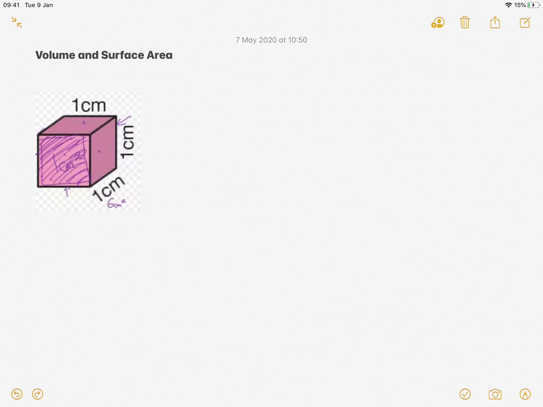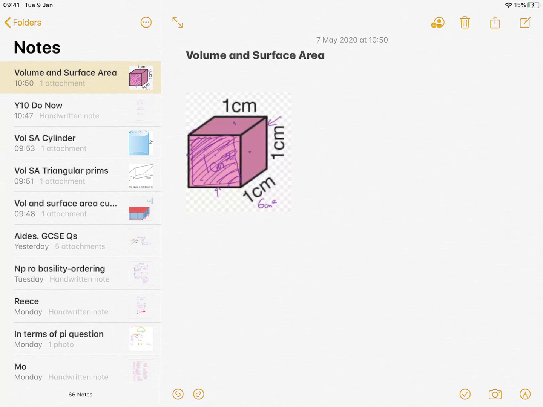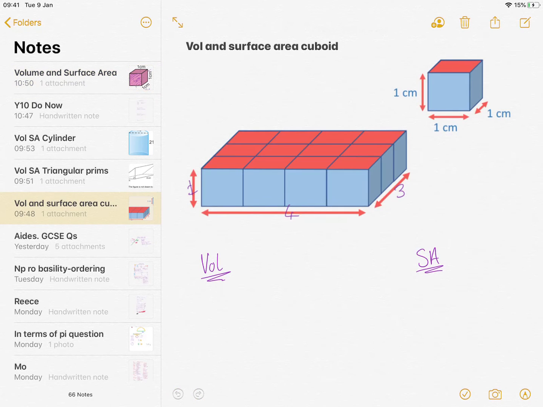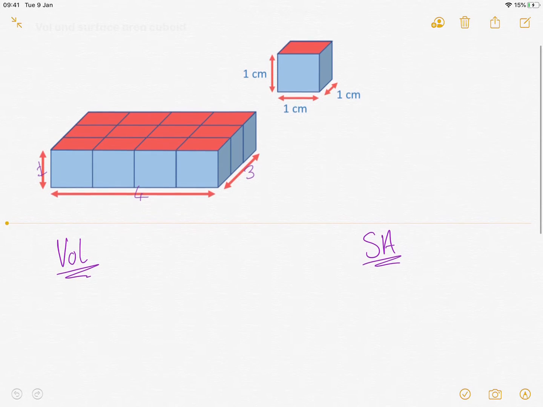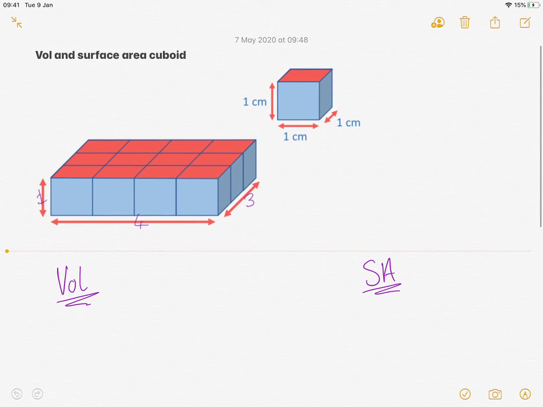Right, let's have a look at an example. This one. So, first of all, I've mentioned what volume is.